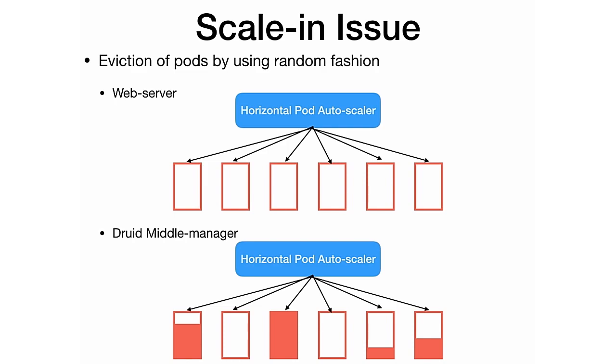The third pod will finish its job soon. If HPA decides to evict a pod which has been processing data for a long time and will finish the task soon, so to speak the third pod, it would be the worst decision.